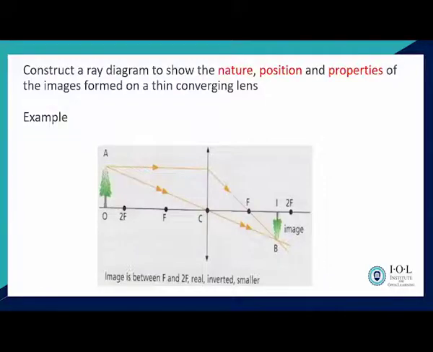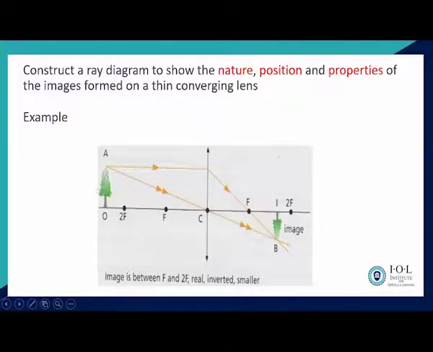The arrow here in the middle represents the lens, which is the converging lens. Now you have the object here on the left hand side. It's labeled O below. O stands for object.